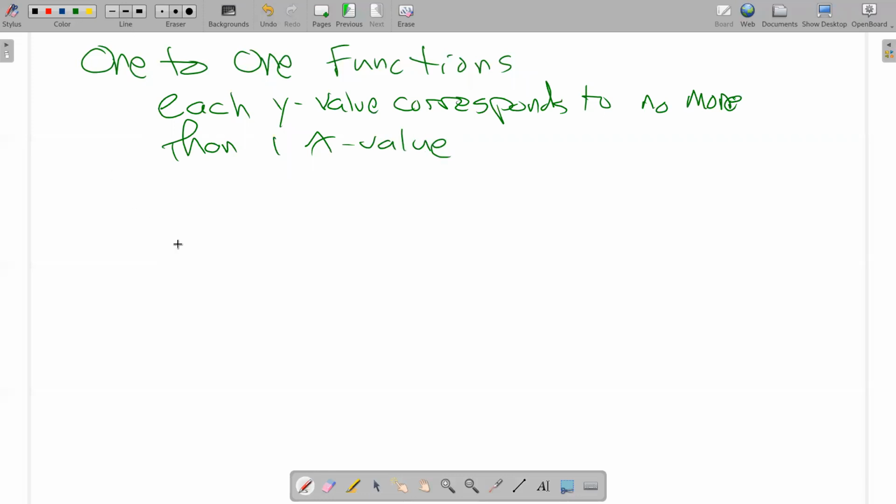And a common place where that constraint fails at first is just your basic parabola. So if we were to graph y equals x squared, right, it's this U-shaped curve.